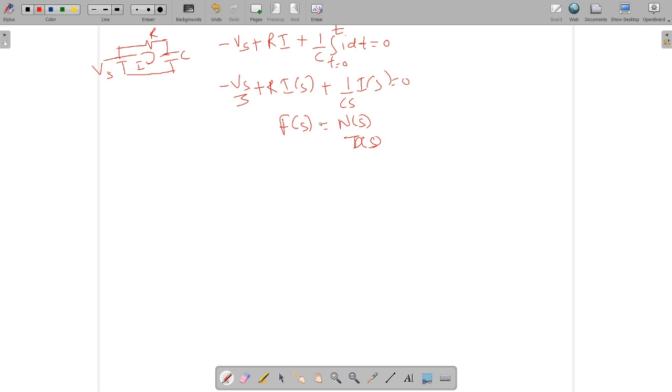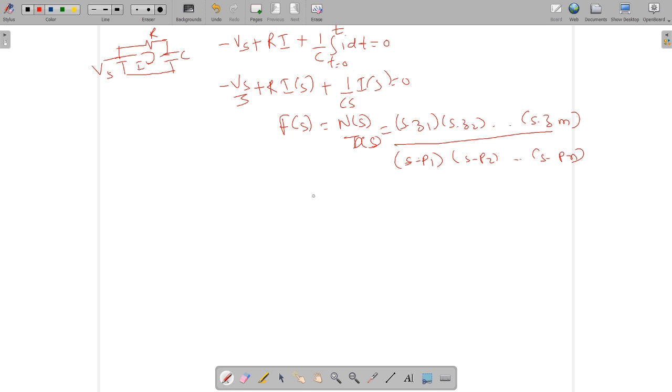If I want to expand this numerator, I am going to write this as s minus z1, then s minus z2, and so on to s minus zm. Similarly, if you want to expand the denominator, this is s minus p1, s minus p2, then up to s minus pn.